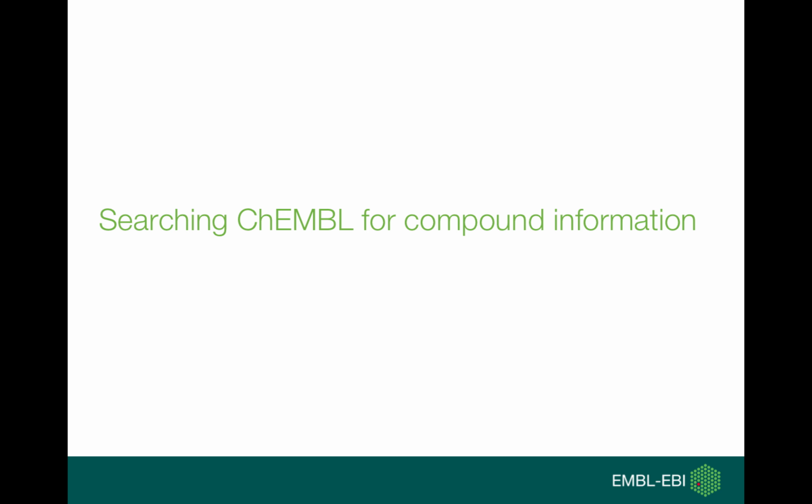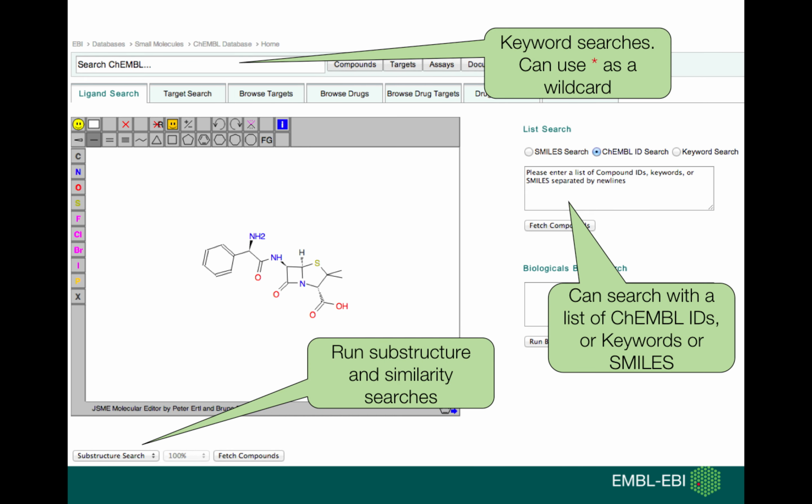And so if we start searching ChEMBL for a particular compound and we wanted to get the compound information from the main website, we could search from that main text bar and type our compound name in, or we could take the structural information that we have and draw our structure and then search using a substructure or the full structure, or we could also search using a list of identifiers or keywords that relate to our compound.